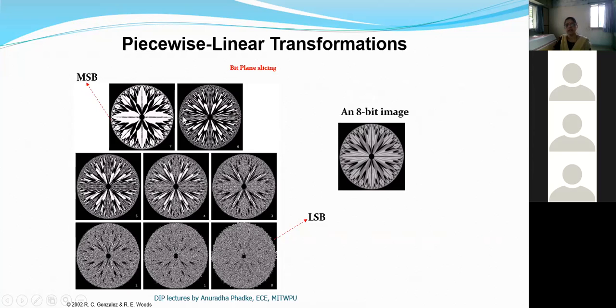So these most significant bit planes, say this is 7, 6, 5 and 4, are giving you significant information about your original image, and these least significant 4 planes, that is 3, 2, 1, 0, are giving you details, minute details in the image.